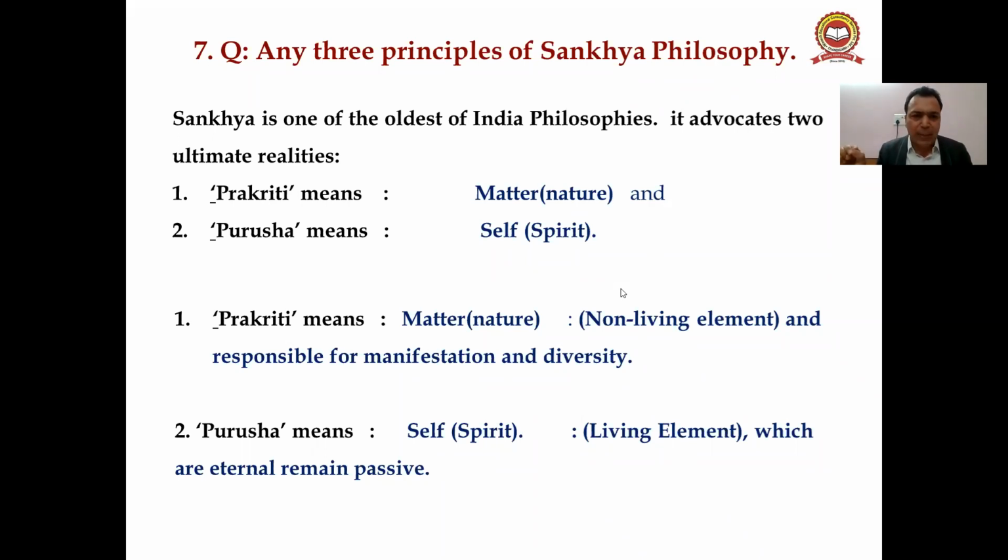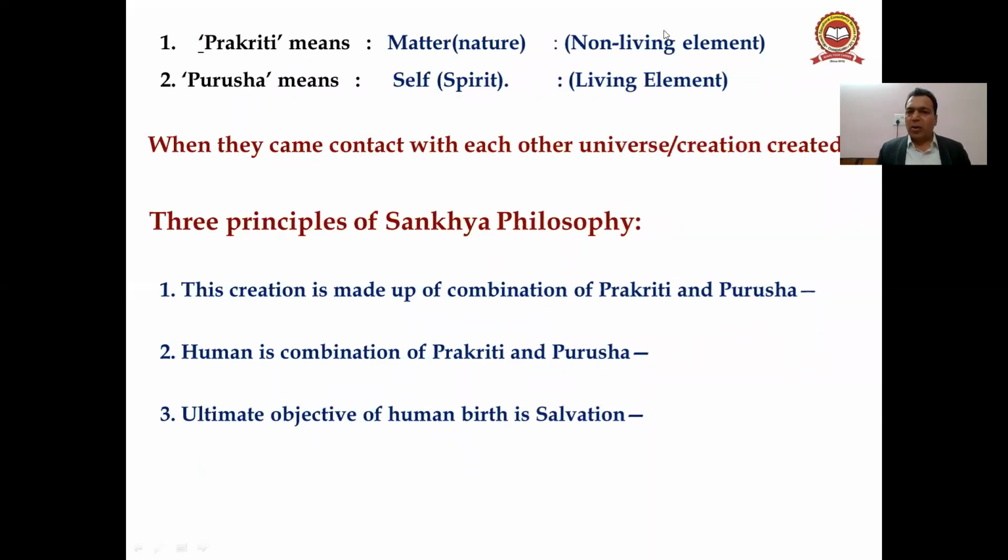Matter is a non-living element and Purush, the self, the spirit, is a living element. This philosophy says that when Prakriti and Purush came into contact, the universe was created. Right, next slide I show you. Prakriti means matter, non-living element. Second, Purush means self, spirit, living element. When they came into contact with each other, the universe or creation was created.